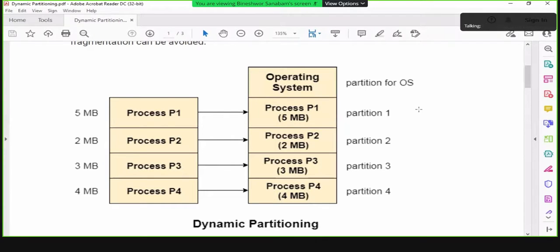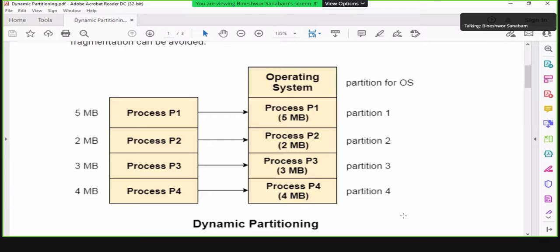So this is how dynamic partitioning works. But here we have learned that there is no case of internal fragmentation. But the next question is whether there will be external fragmentation. External fragmentation may also be there in dynamic partitioning.